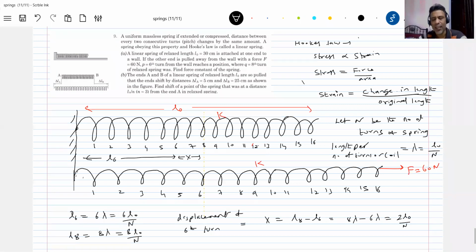Now come to this. He has put one condition: the distance between every 2 consecutive turns changes by the same amount. So what do you mean by that? The strain of any part of the spring should be equal to the total strain of the spring.